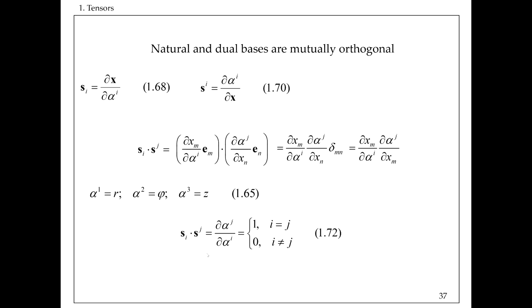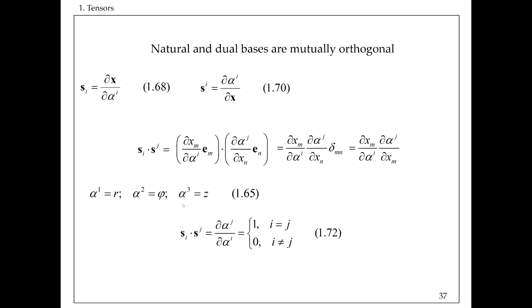That doesn't matter again, as it still holds true in general, not necessarily only for the cylindrical coordinate system, but for any curvilinear coordinate system. Obviously when i and j are the same, for example 1 1, you take the derivative of r with respect to r, and the result will be 1, but in any other case it will be 0, since we're not taking the derivative of r with respect to phi and z, which are independent, so that will be 0.